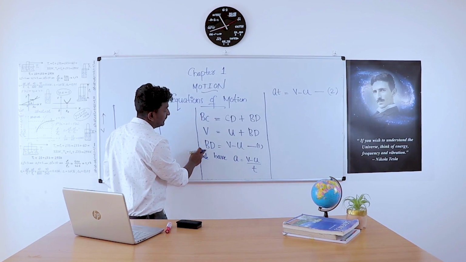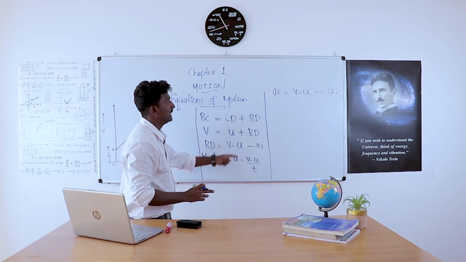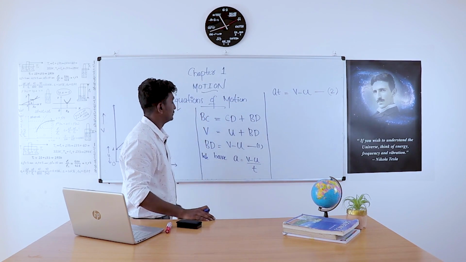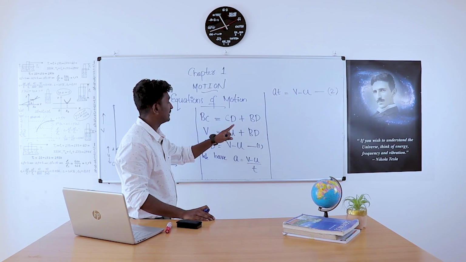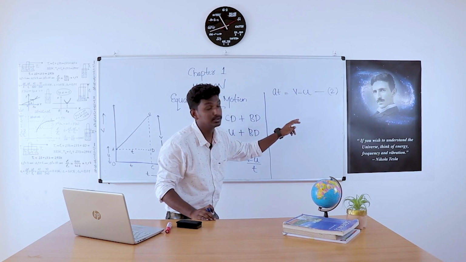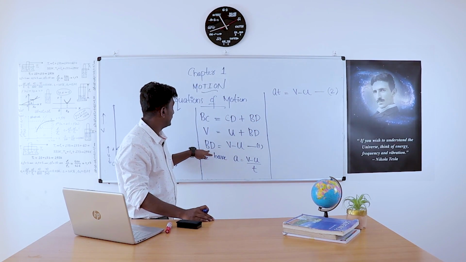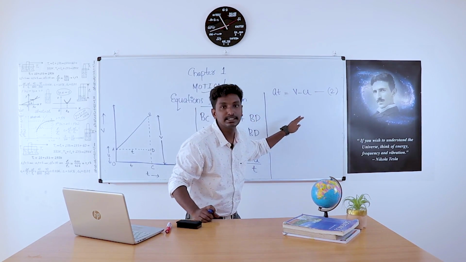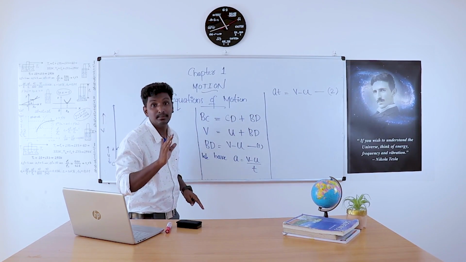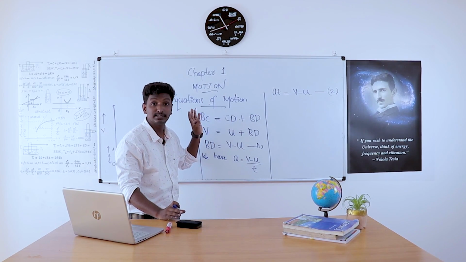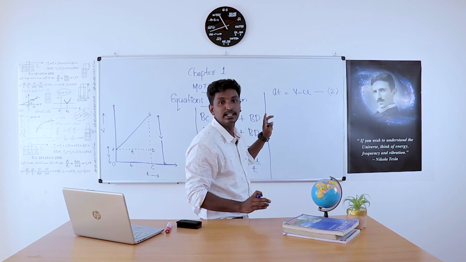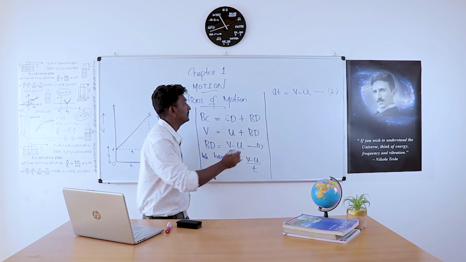Equation 1 is BD is equal to V minus U, and equation 2 is AT is equal to V minus U. In both equations the right hand side is the same, that is V minus U. In the first equation the left hand side is BD, and in the second it is AT. If the equations have the same right hand side, then the left hand sides must also be the same.